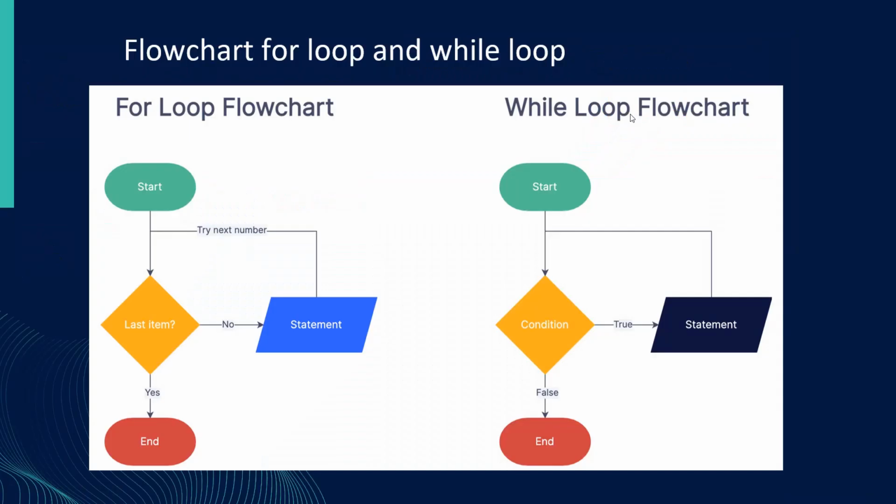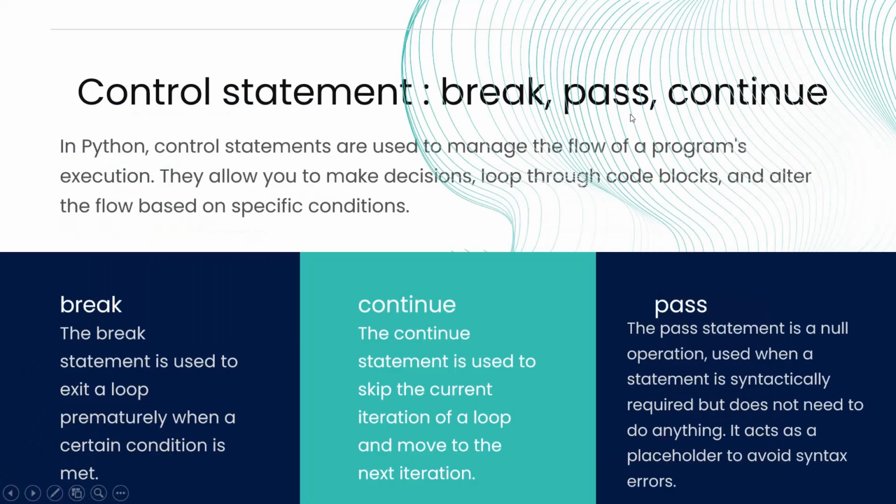So let me go with the next topic, which is the control statements. Control statements are used to manage the flow of a program's execution. I hope you all know the decision making statements which we covered in our previous tutorial. Those are also control statements.